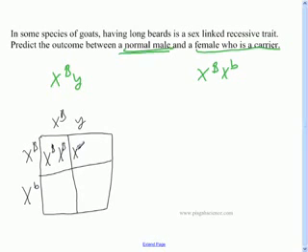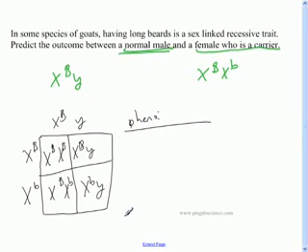And you're just going to fill out your Punnett square. Like so. And remember, we're not going to worry about genotype. I just want to know phenotype.